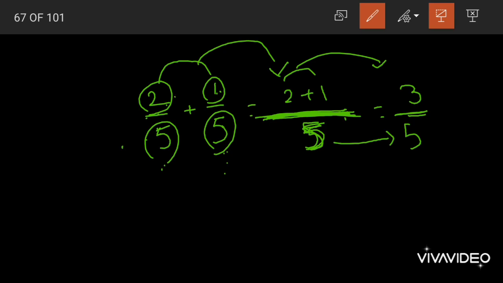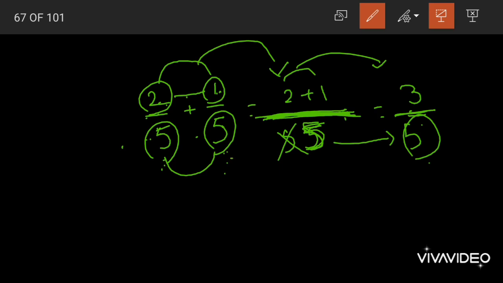Adding like fractions is very easy, children. You just have to add the numerators together, that is 2 plus 1 becomes 3 divided by our denominator, which is 5. Okay, the denominator will be 5 but not 55, children. Don't do 5 plus 5 or such things.